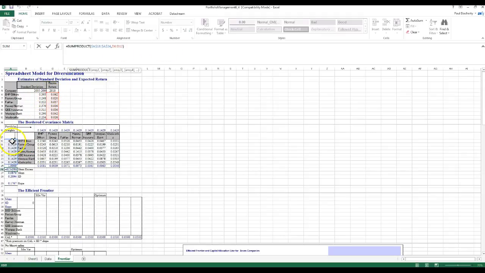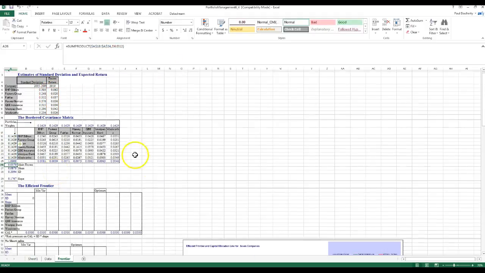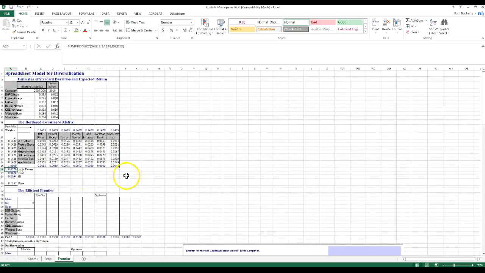So what this will do is say weight of the first stock times excess return of the first stock, plus weight of the second stock times excess return of the second stock, and so forth all the way down, such that in cell A26 I've just got my standard expected return formula, and then in cell A27 I add back in that risk-free rate, 0.05, and that gives me my mean expected return. So I've got mean excess return and mean expected return.